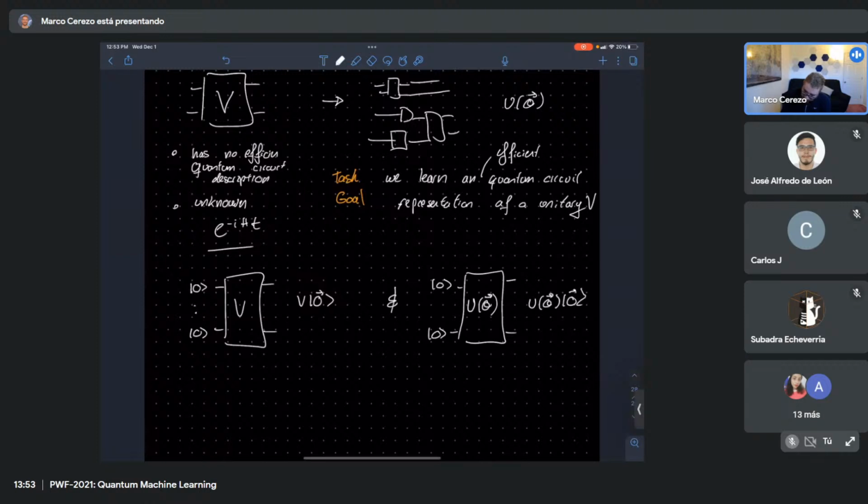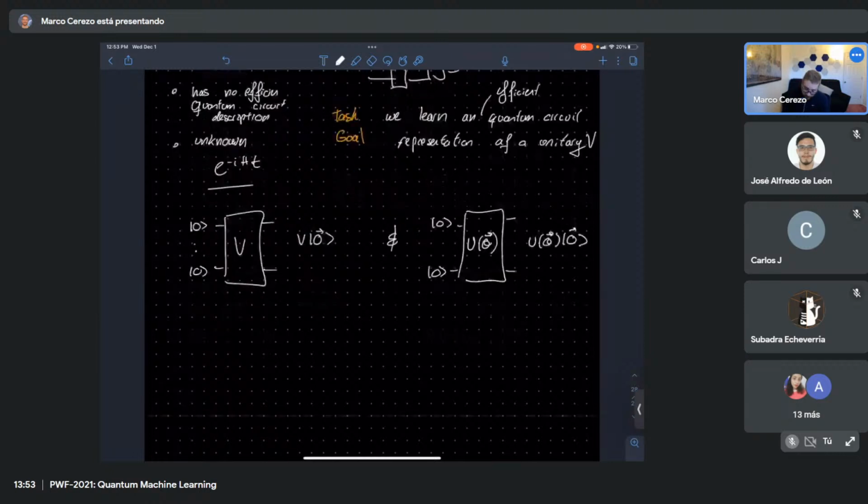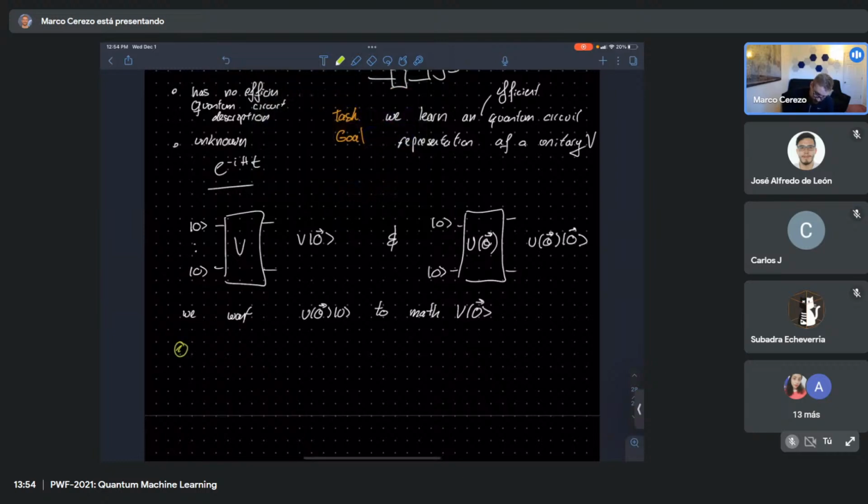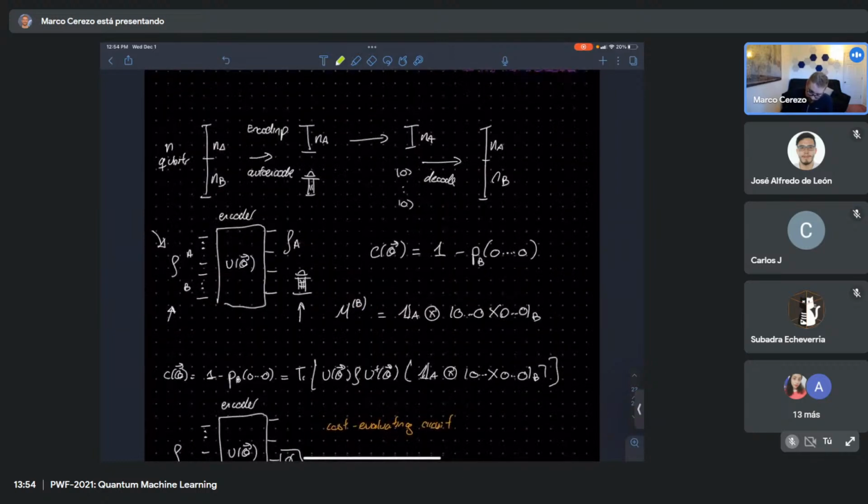And we want those two states to be exactly the same, right? This is the goal. We want U(θ) of 0 to match V of 0. Okay, what's the first step? First step, define a cost function. And let's put the steps here. So here I had step 1.